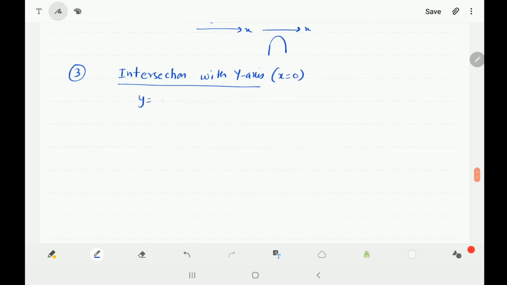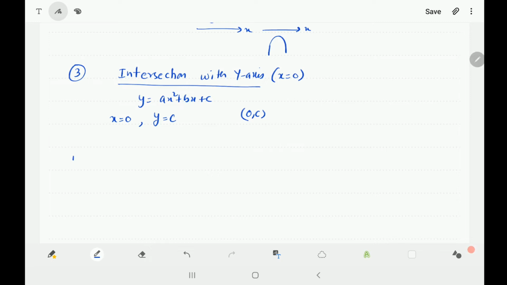So in the equation, if you put x is equal to 0, you will get the value of y as c. By putting x equal to 0, y will be c. So it means the parabola intersects the y-axis at 0 comma c. If c is positive, it will be above the x-axis. If c is negative, it will be below the x-axis.